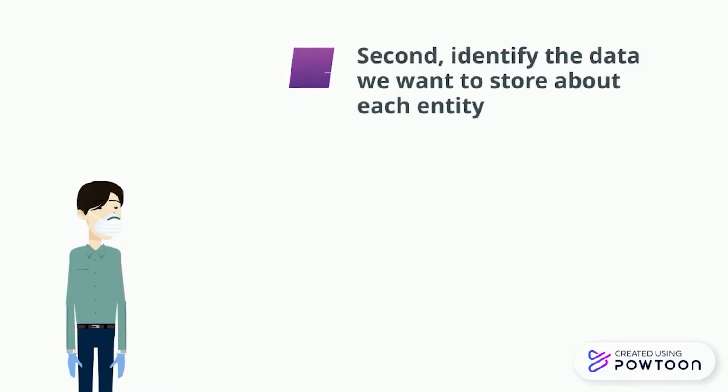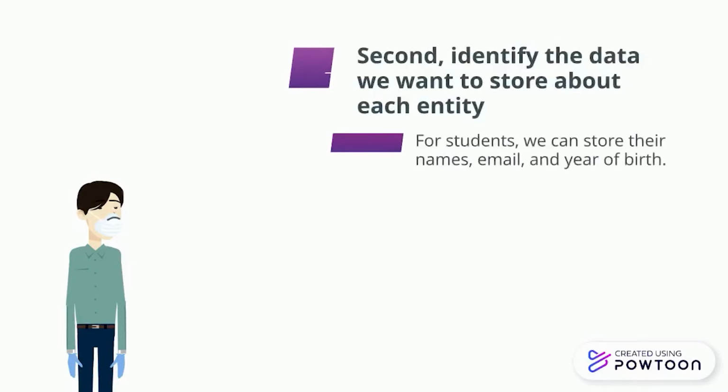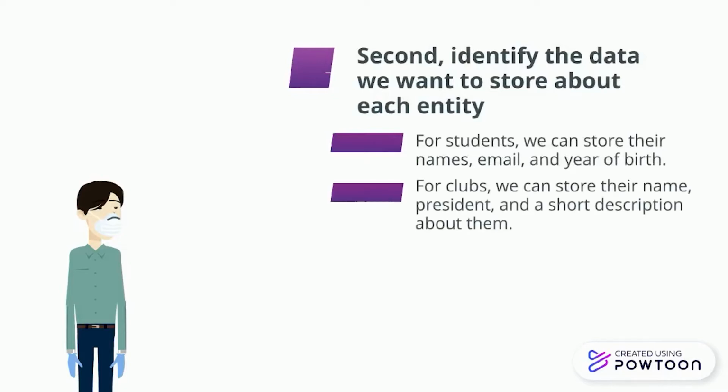Second, identify the data we want to store about each entity. For students, we can store their names, email, and year of birth. For clubs, we can store their name, president, and a short description about them.